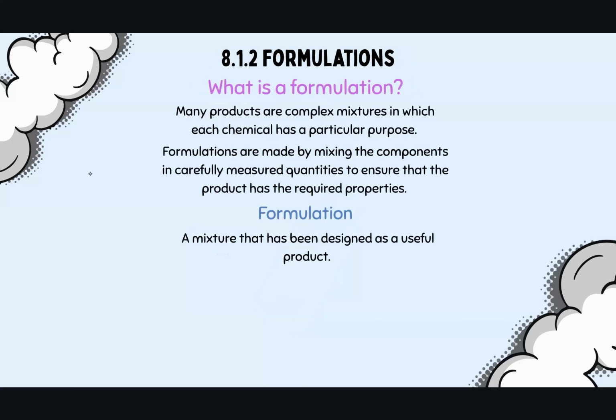What is a formulation? Many products are complex mixtures in which each chemical has a particular purpose. So formulations are made by mixing the components in carefully measured quantities to ensure that the product has the required properties. So a formulation is a mixture that has been designed as a useful product.